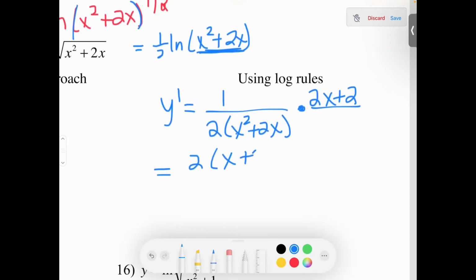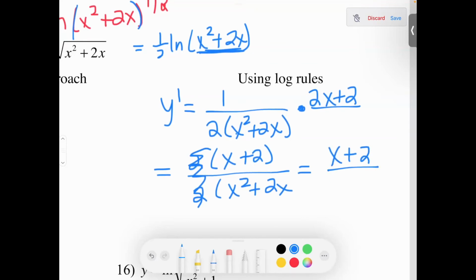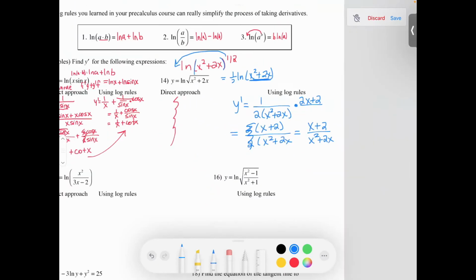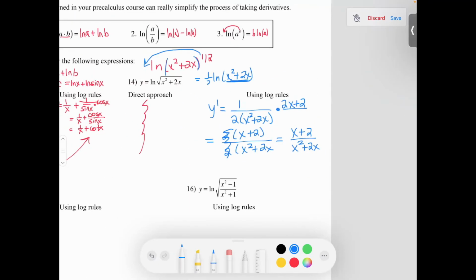So we get 2 times x plus 1 all over 2 times x squared plus 2x. We can cancel the 2's out. So our simplified derivative would be x plus 1 over x squared plus 2x. Much easier to do than the direct approach had we not used those properties of logs.